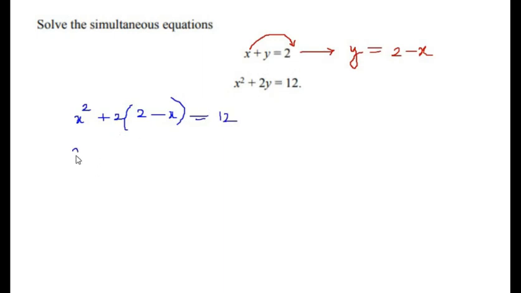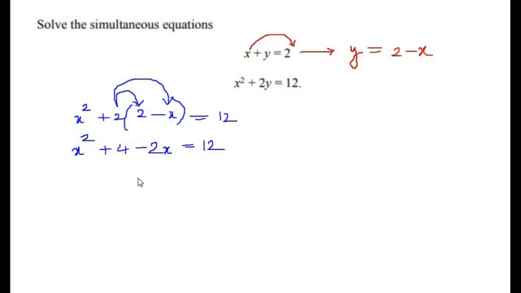Next I am going to simplify the above equation. So I am going to use the distribution or expansion of the brackets. 2 times 2 is 4 and 2 times minus x gives us minus 2x, equals 12.